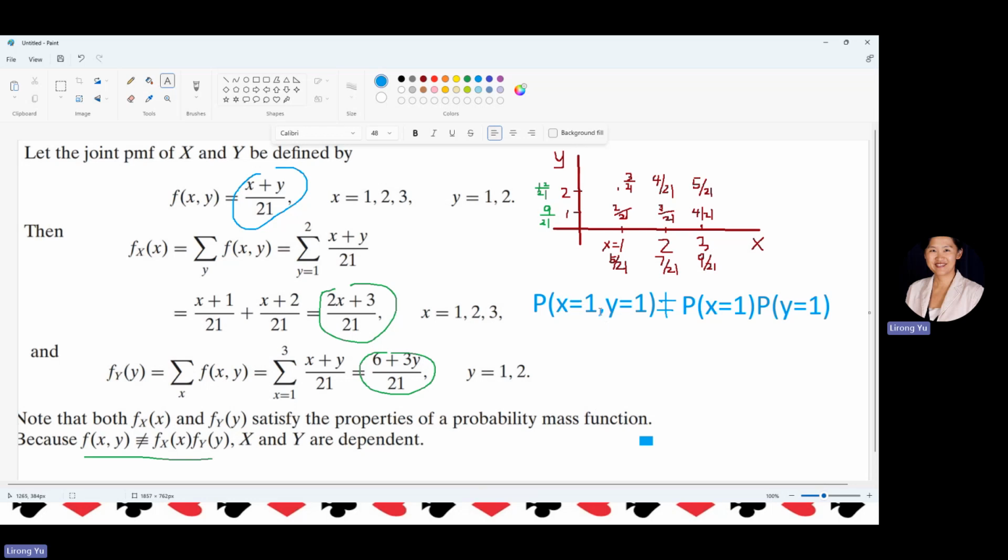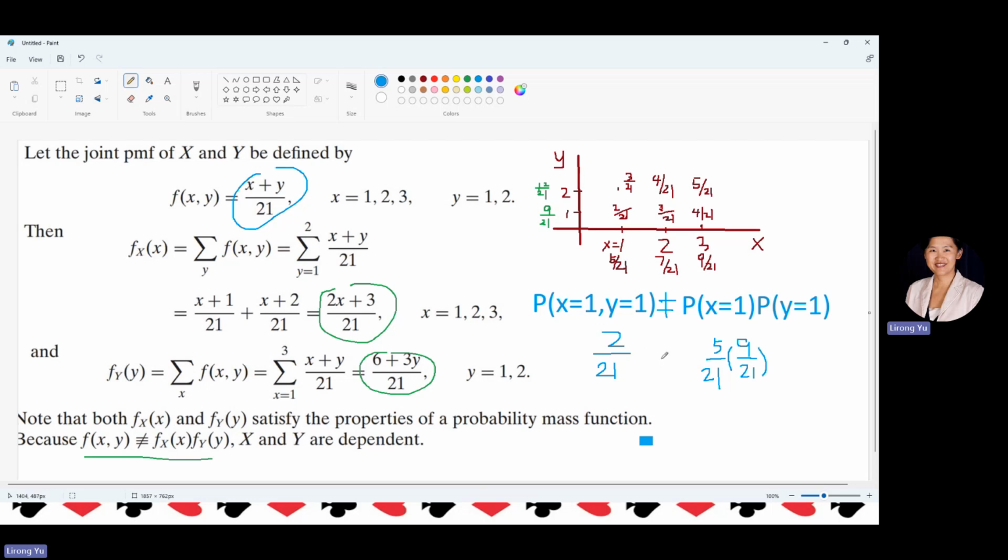So the left side has a probability of 2 over 21. On the right side, the probability x equal to 1 is 5 over 21, and the probability y equal to 1 is 9 over 21. We can see that 5 times 9 over 21 times 21 does not equal 2 over 21.